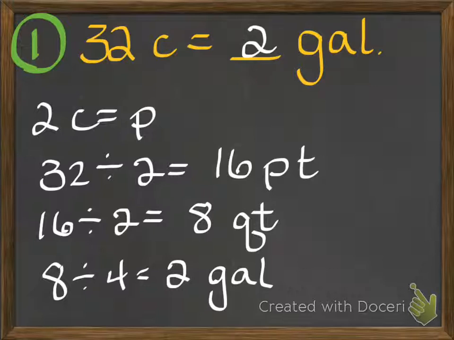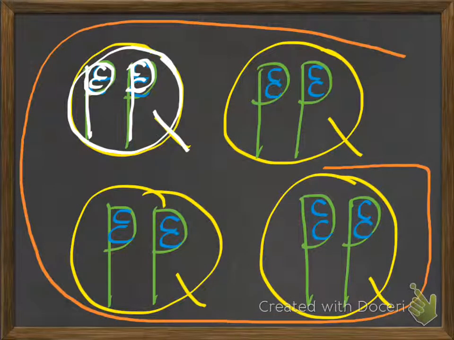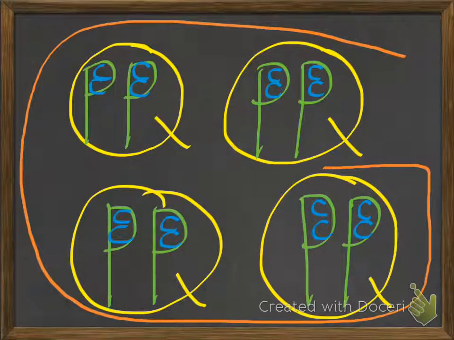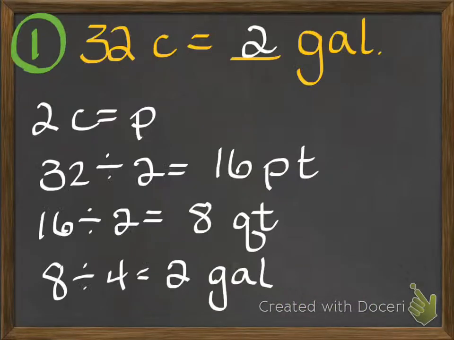Okay? Now if you go back to the picture, you can also see that there are 4, 8, 12, 16 cups in a gallon. I could have also just gone from cups to gallons by dividing by 16.